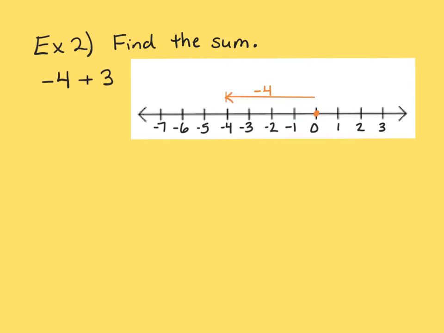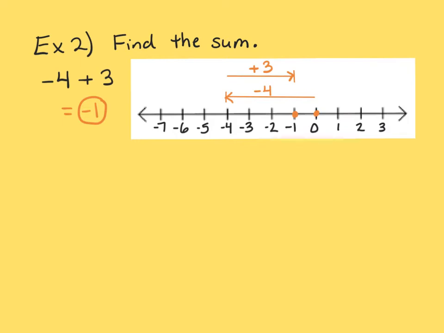And we arrive at -4, and then it adds 3. So when we add 3, we're going to go 3 to the right. And when we arrive 3 to the right, it's at -1. So we found that -4 plus 3 is -1.